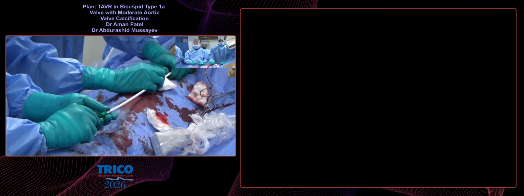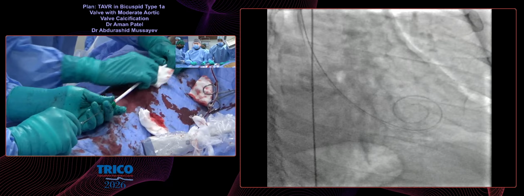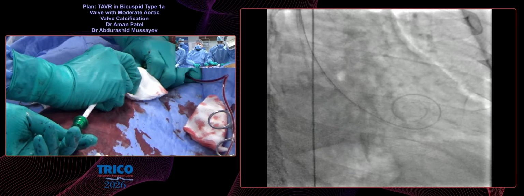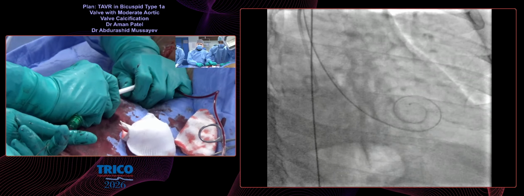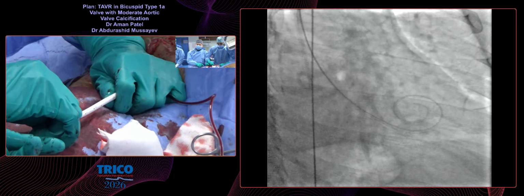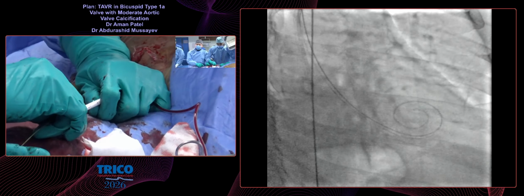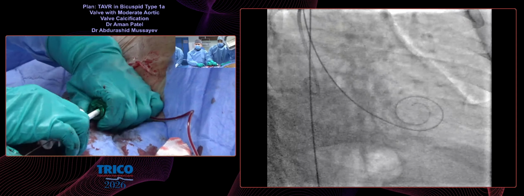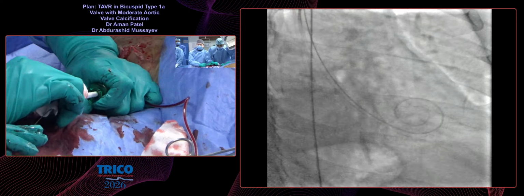As we are going with a 26 millimeter valve, we are pre-dilating the Python sheath so that if we create severe aortic regurgitation after pre-dilatation, passing the valve does not become very cumbersome. What size dilator are you inserting now? This is 18 French, sir. 18 French. But with each sheath they give you a small 21 French also, isn't it?